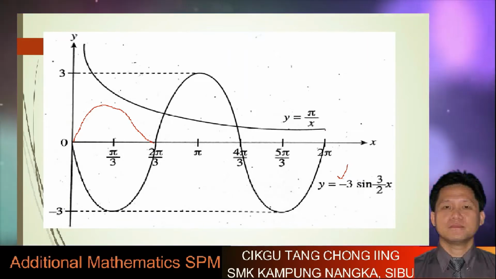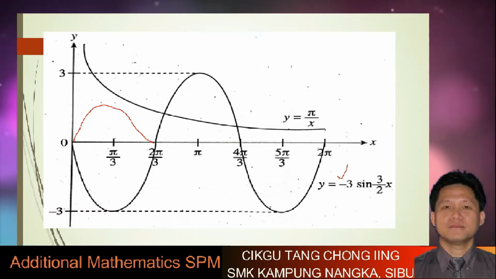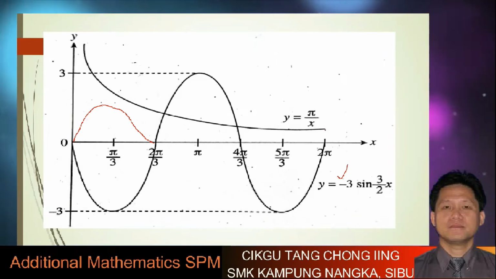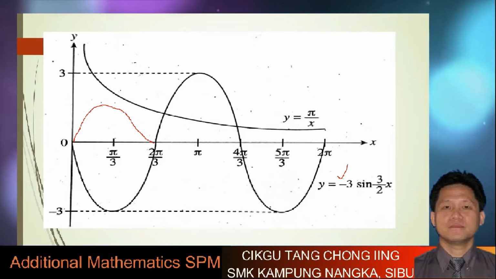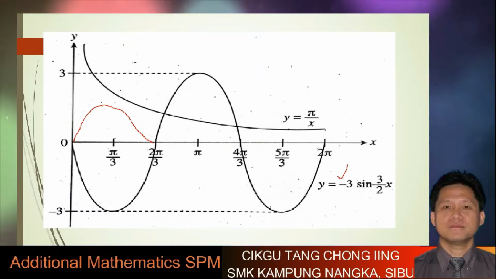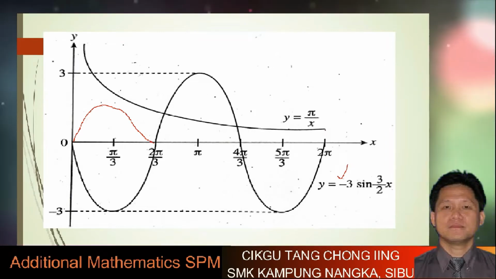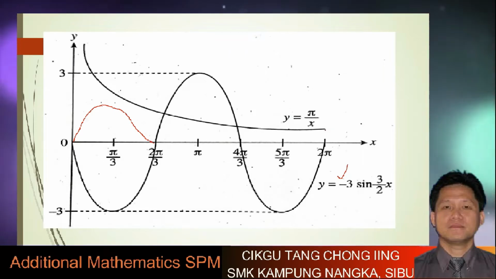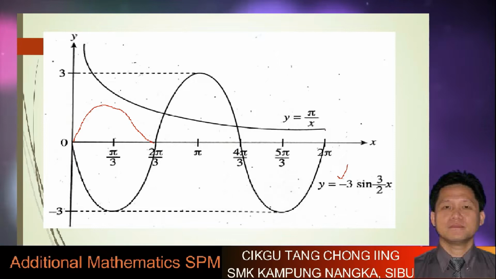And negative 3. So you have a 3 here, and it goes to negative 3. So it will affect the amplitude. We have the maximum value equals 3, and the minimum value equals negative 3, for y equals negative 3 sine 3 per 2 x, right? So this is the graph.